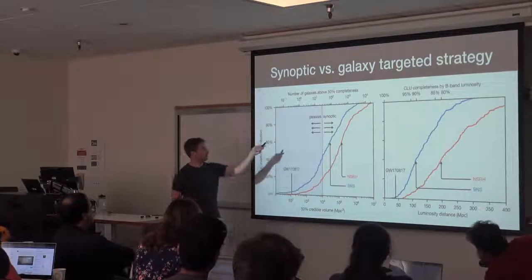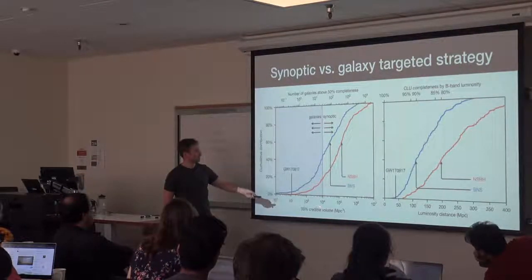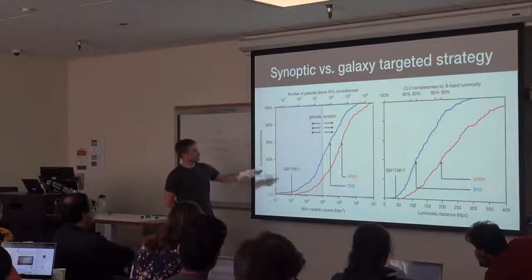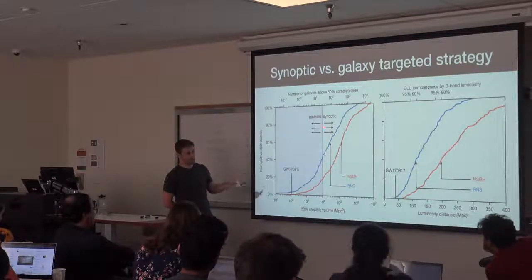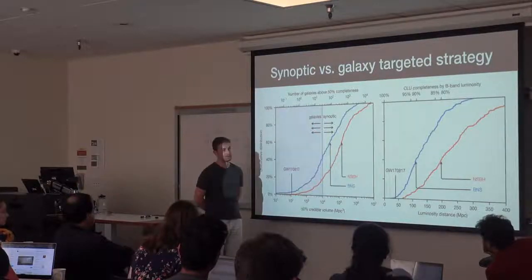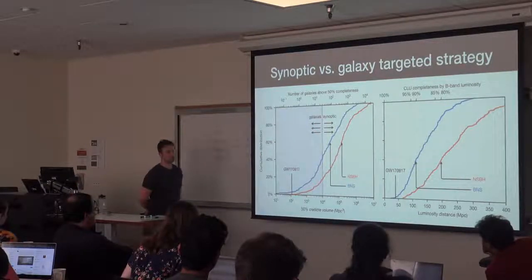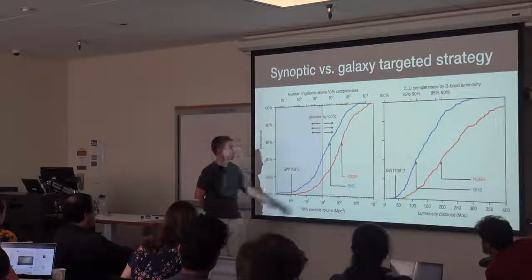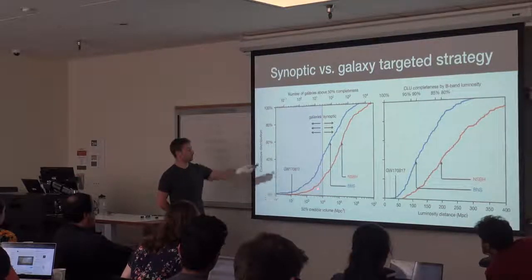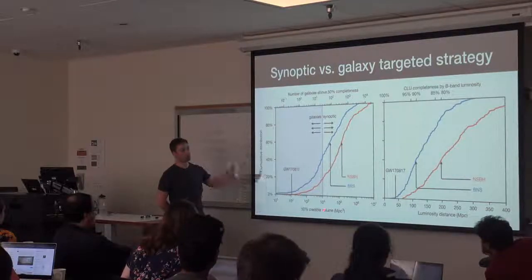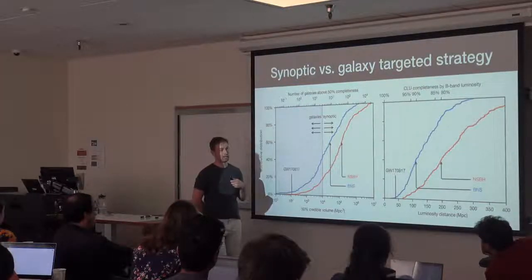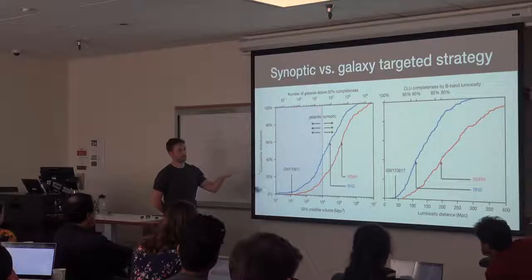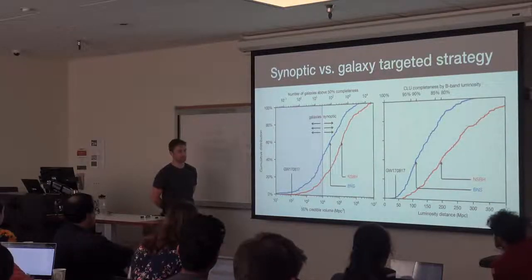But I made this plot with something like Gemini in mind, and so it's really hard to imagine doing more than 10 galaxies, just because it takes many tens of minutes to set up and then do an observation. If you're working with a very nimble, fully robotic automated system like LCO, then maybe you could observe a lot more galaxies.